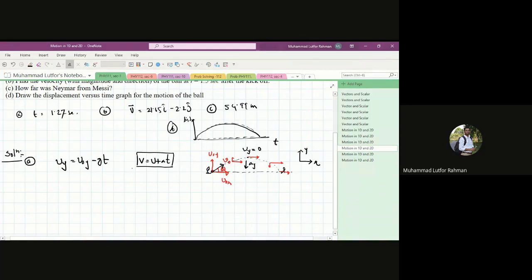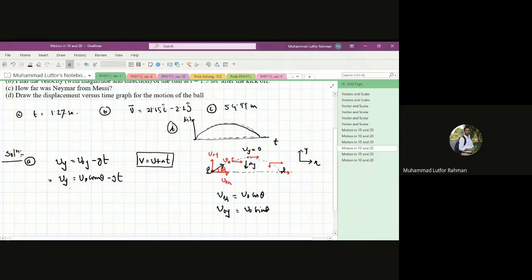So now for this Vy, I can write one more line. This V naught x would be V naught cos theta and V naught y would be V naught sin theta. Right. Then this V naught y I'll replace by V naught sin theta minus gt.